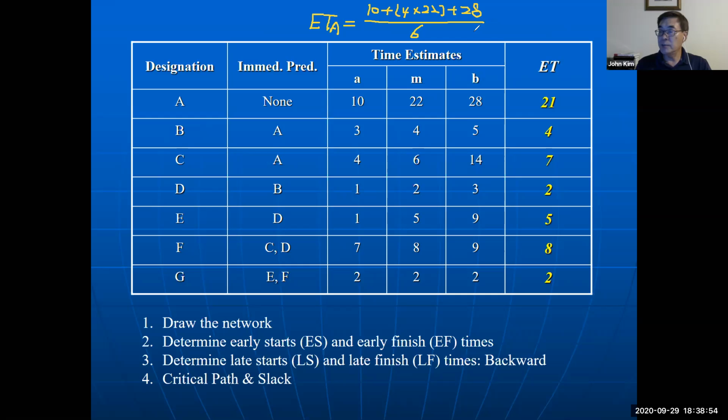So this is a kind of weighted average. So using the formula, we can get the expected time for each activity. Then we can follow the same steps as for the single activity time estimate.